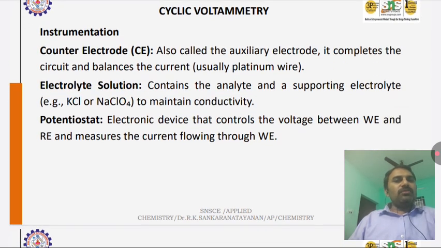And what does the counter electrode do? The auxiliary electrode completes the circuit, and so it completes the reaction process, the forward and backward reaction we already mentioned. That platinum wire acts as the counter electrode.